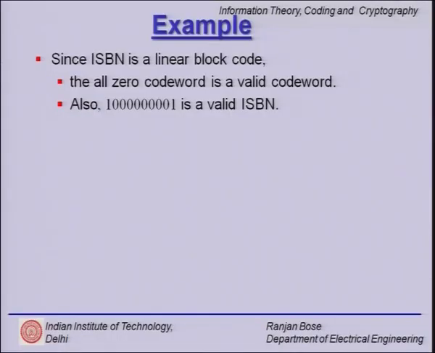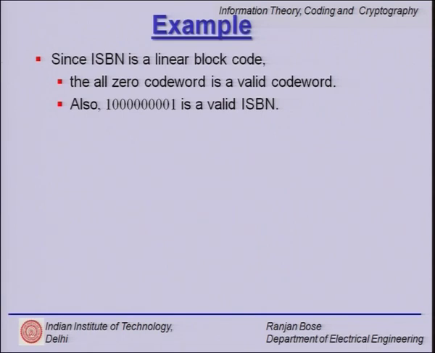But before that, we must look at the property of an ISBN. An ISBN is a linear block code, which means that the all 0 code word is a valid code word, and a sum of any two code words is also a valid code word. So, the moment you throw a linear block code at me, I first find the D star.